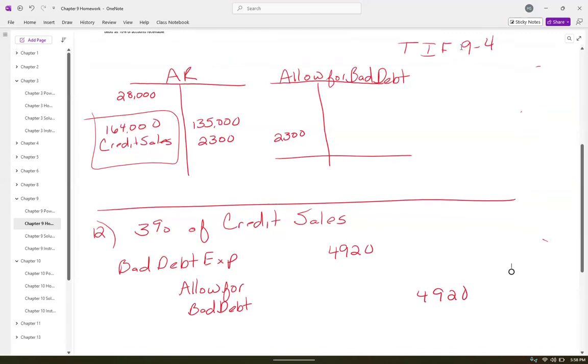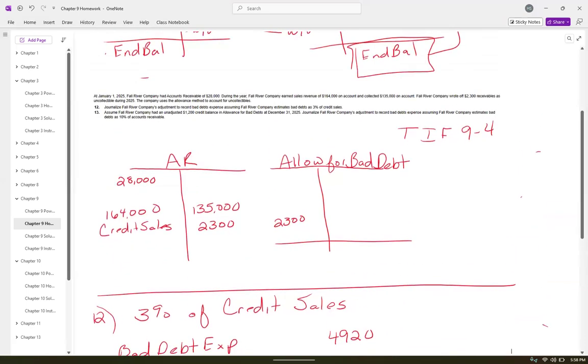Okay. All right. So the next one is the hardest one. This is the one that I told you I graduated up, and this was the absolute hardest one. So if you didn't get it, don't feel that bad about it, because it is the hardest one when it comes to bad debts. They gave us all of this information.